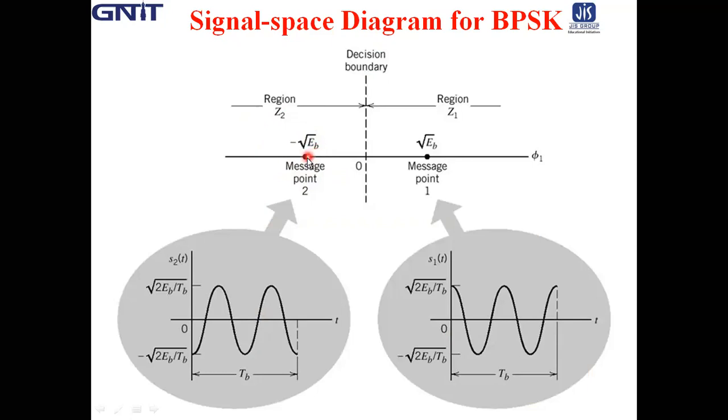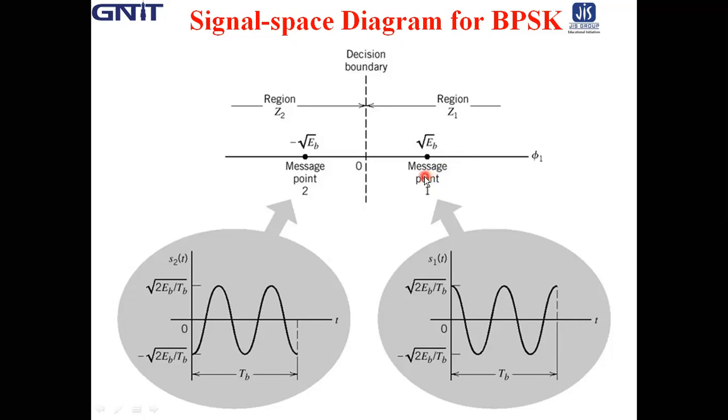But the noise is such that an error will occur, and the received signal point falls inside region Z1. So the receiver can interpret that message point 1 was actually transmitted. But it was wrong.